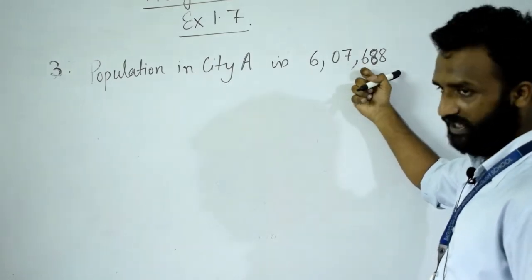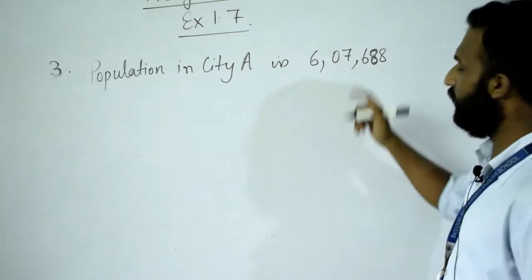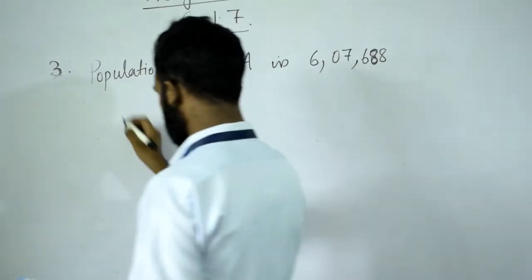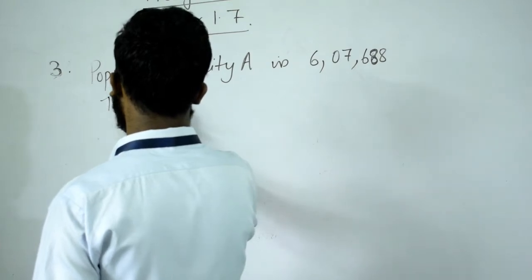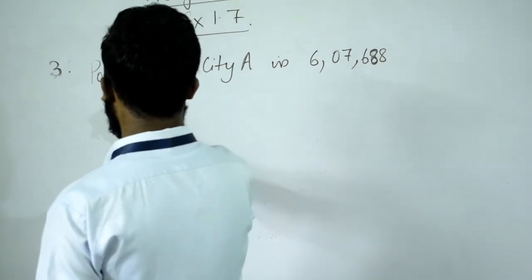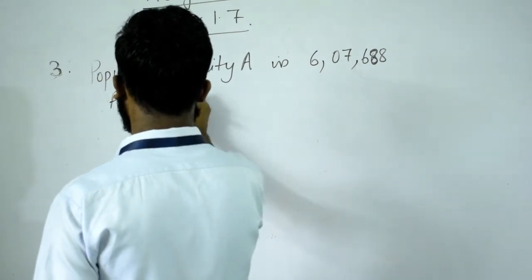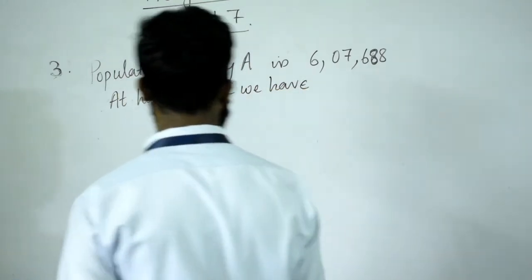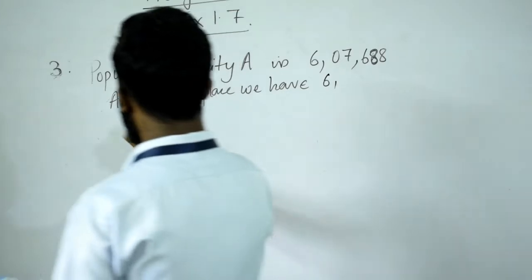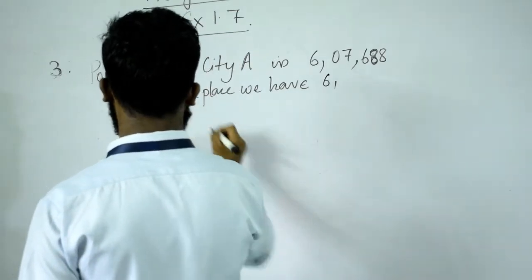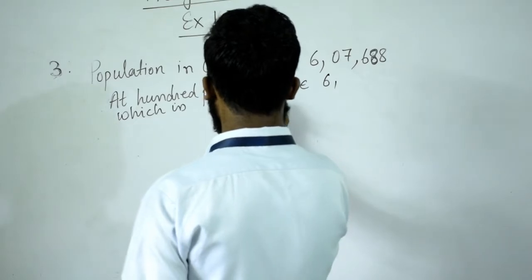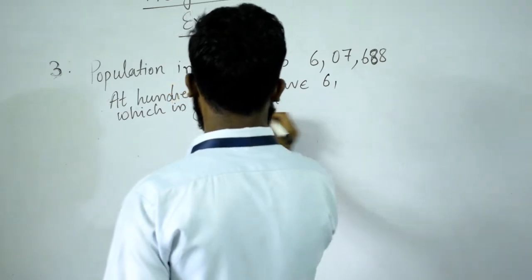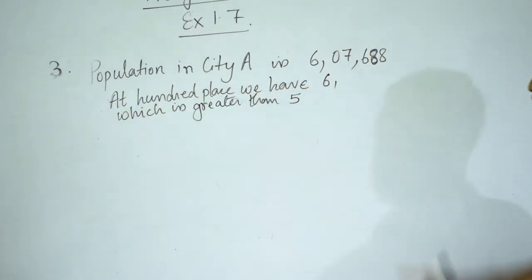So at the 100 place what do we have? We have 6, which is greater than 5.